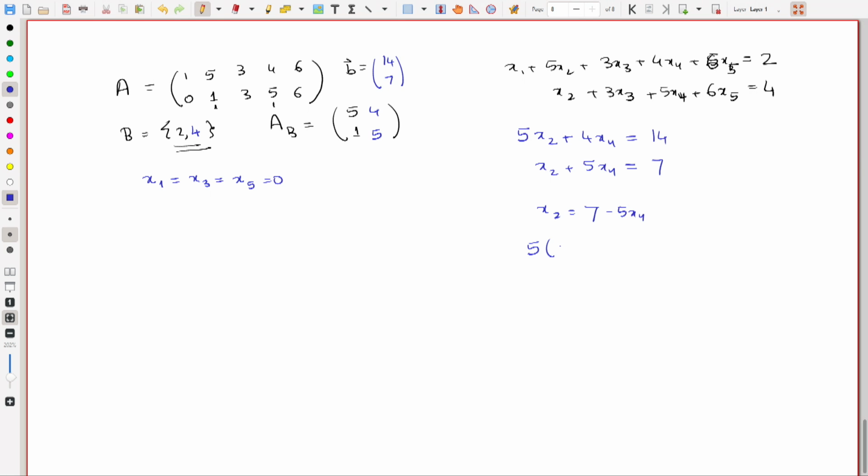So, we get 5 into 7 minus 5 x 4 plus 4 x 4 is equal to 14, which is 35 minus 25 x 4 plus 4 x 4 is equal to 14. In other words, 35 minus 14 is 21, is equal to 25 minus 4 is 21 x 4. So, x 4 is equal to 1, because this was a carefully prepared example, and then x 2 is 7 minus 5, which is 2, and both these are greater than or equal to 0. So, here is the definition.